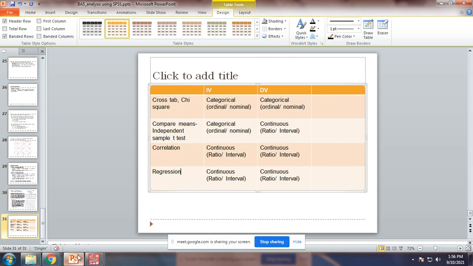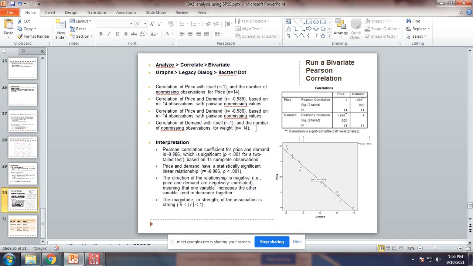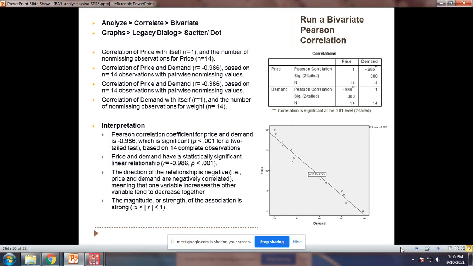Okay, so this one you can write like this. This is what you get, and this is the graph that you're getting in your scatter plot. So you can write the interpretation as this.